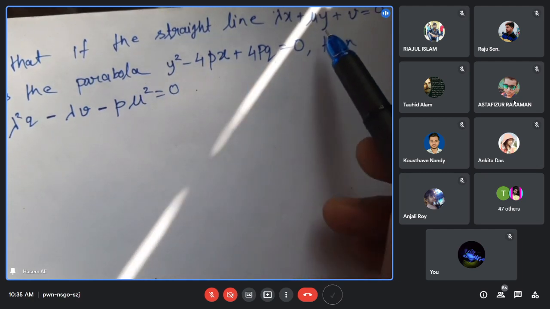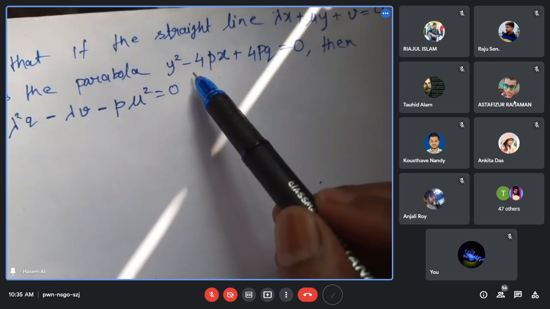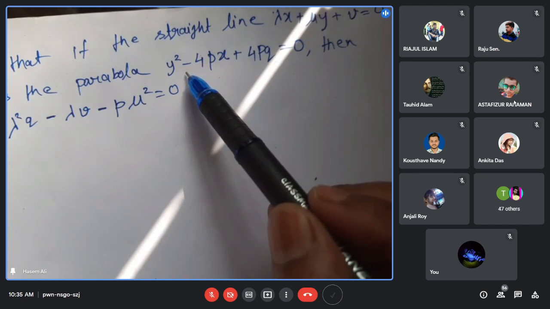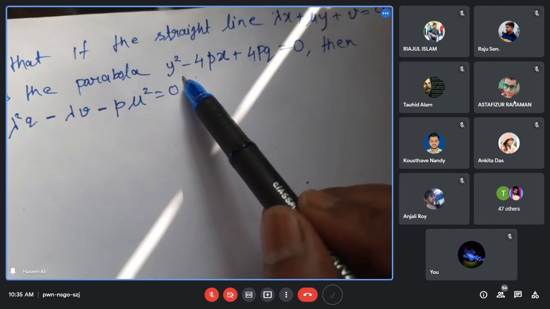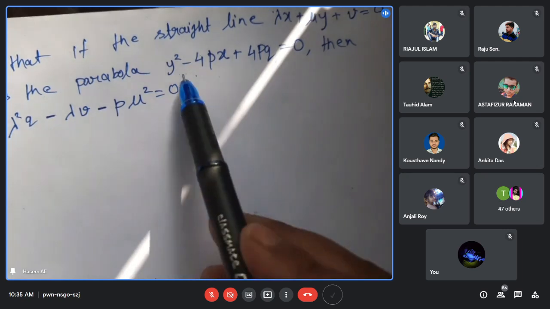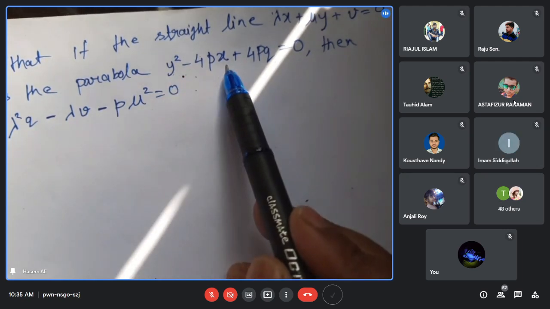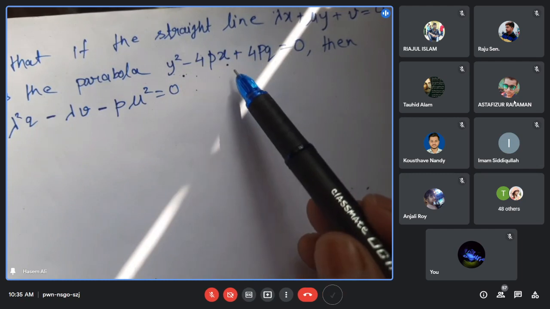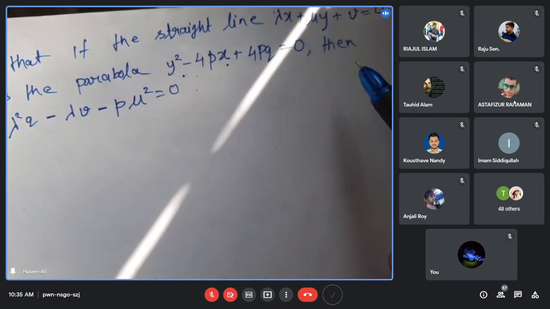First we will find the equation of the tangent at some point to this curve. Then we will compare the two equations.